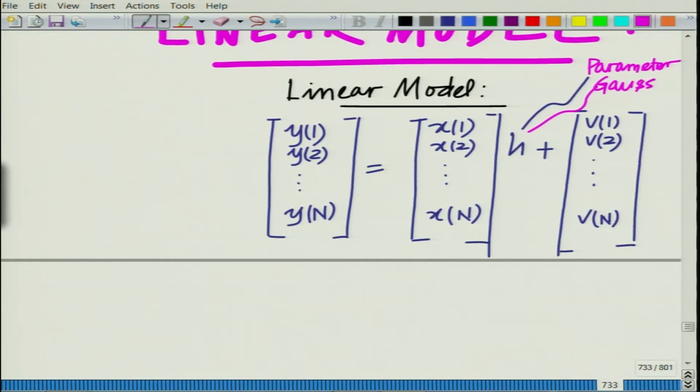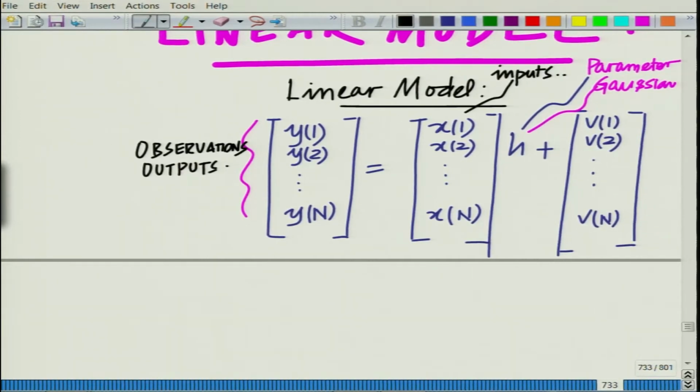So we would like to learn more information about this Gaussian parameter. These are the observations, or you can think of this as the outputs, and these are the inputs to the model. And together you can think of this as the training data.